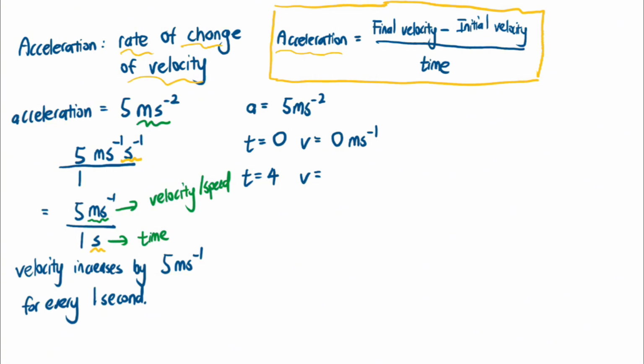Since we know that the acceleration is 5 meters per second squared, every 1 second the velocity will increase by 5 meters per second. So therefore, after 4 seconds, the velocity will be 4 times 5, and you get 20 meters per second.